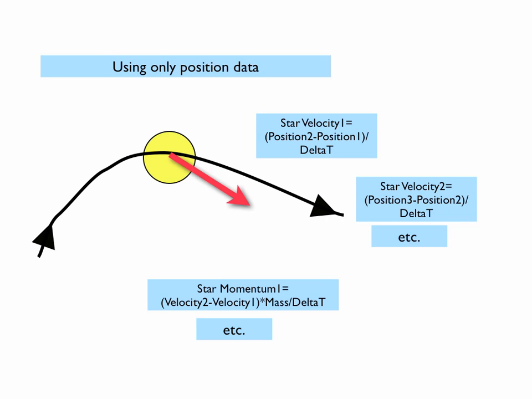Star momentum 1 is obtained by velocity 2 minus velocity 1 times the mass divided by delta t.